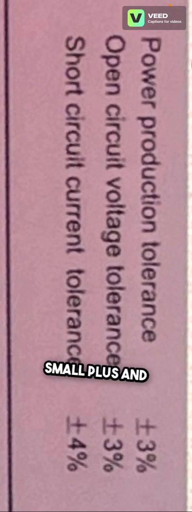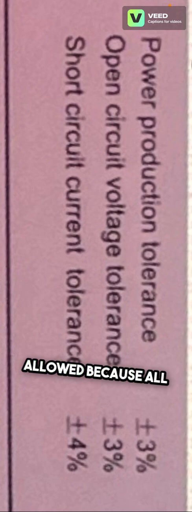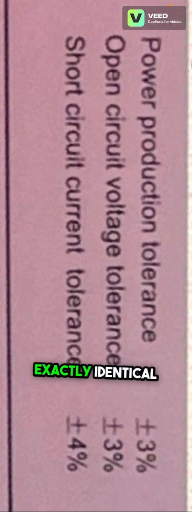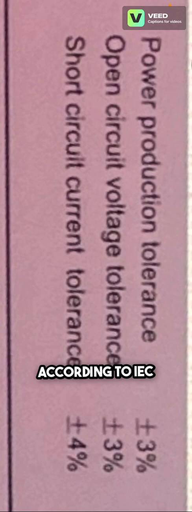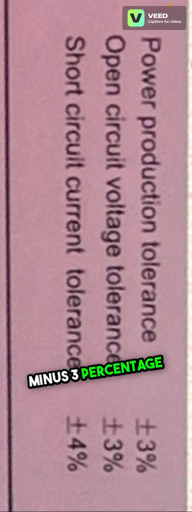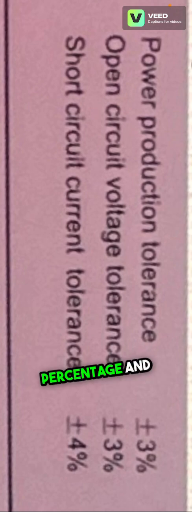Small plus and minus variation is allowed because all panels are not exactly identical after manufacturing. This is completely normal and according to IEC standards. Power production tolerance plus or minus 3%, open circuit voltage tolerance plus or minus 3%, and short circuit current tolerance plus or minus 4%.